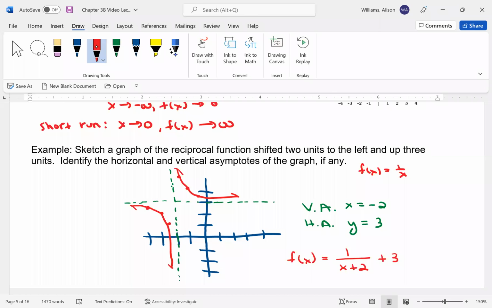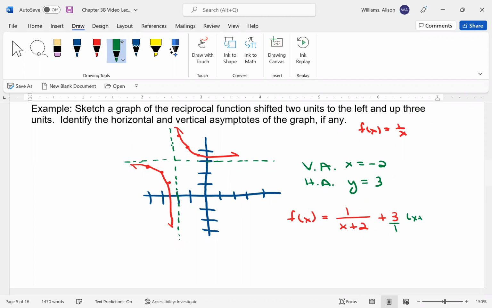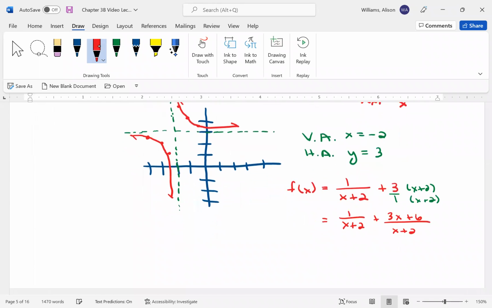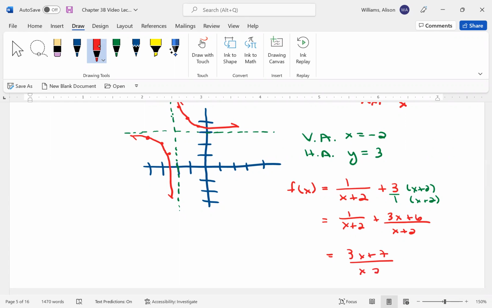Now, if I were to give this a common denominator, in other words, if I put 3 over 1 and then multiply by x plus 2 on top and bottom, that's going to give me 1 over x plus 2 plus, okay, so that 3 is going to distribute to be 3x plus 6 over x plus 2. So that actually combines to be 3x plus 7 over x plus 2.